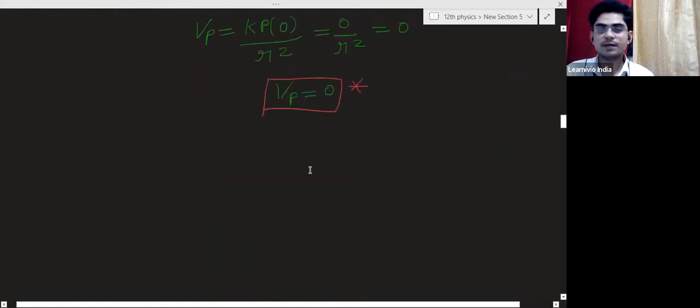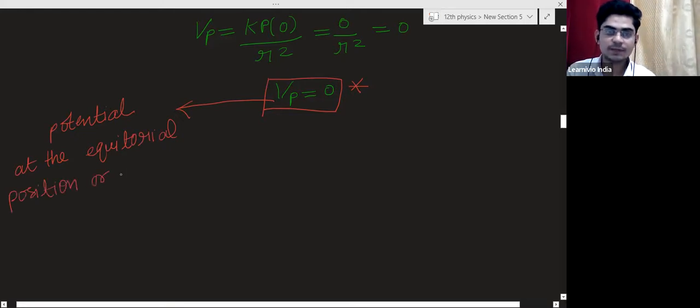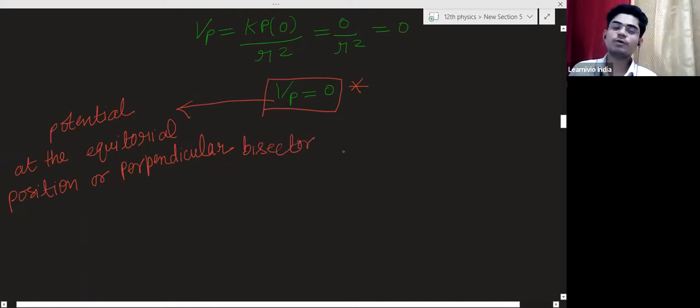And what we say, this is the potential at the equatorial position, or we can also say perpendicular bisector, of the dipole. What is the meaning of perpendicular bisector?